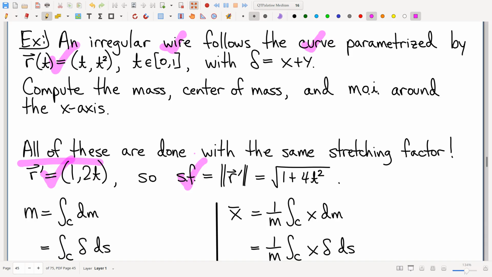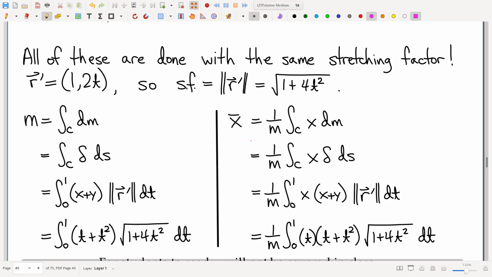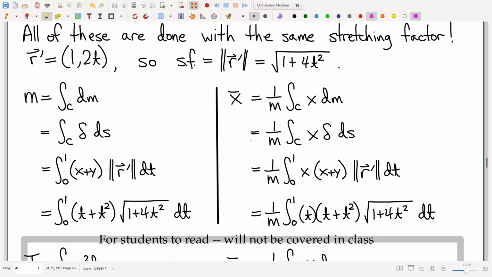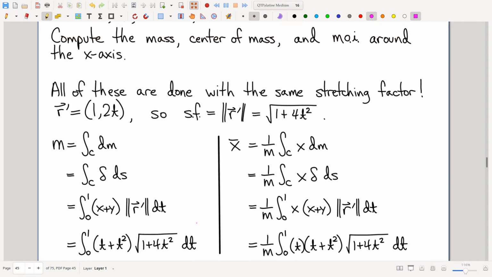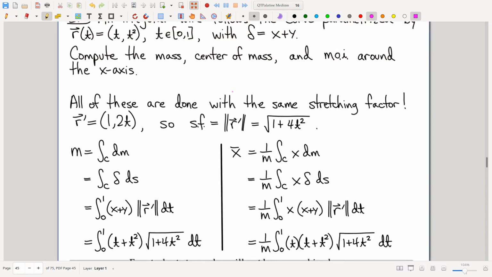So really nice that even though we're computing a bunch of different things, this is arguably 4 separate calculations because the center of mass has 2 separate coordinates. All 4 of these calculations are going to use the same parameterization and the same stretching factor, and all that's the same. So there's going to be a lot of reproduction here. In fact, I'm really only going to write out the details for 2 of these.